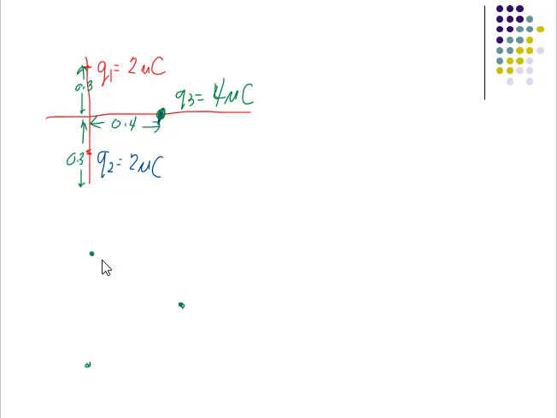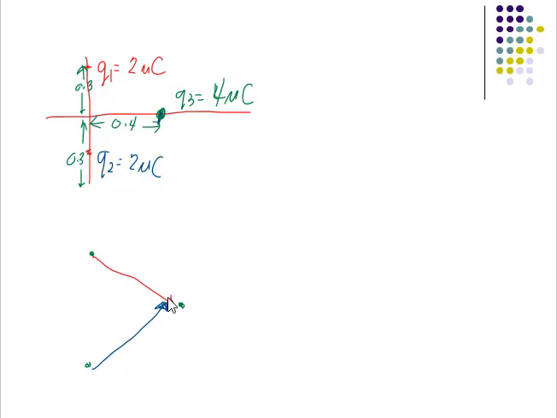Therefore, the direction is diagonally down, since we have positive and positive. And then Q2 is also positive, and Q3 is positive. Therefore, the force exerted would be in that direction. So we now have the summation of forces along X and along Y.